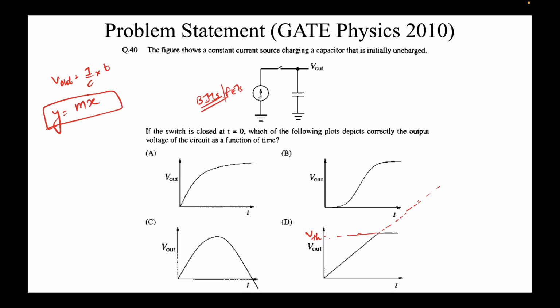Usually current sources are designed out of these electronic devices, and they also have a maximum voltage, let's say VCC in case of a BJT, or VDD if you are using an FET. There is an upper limit to the voltages which can be sustained. Hence at some specific voltage, we don't know what voltage, the output voltage must saturate, and rather than going to infinite output voltage, it will saturate at some voltage. That voltage we can't comment on. So D is the correct option.